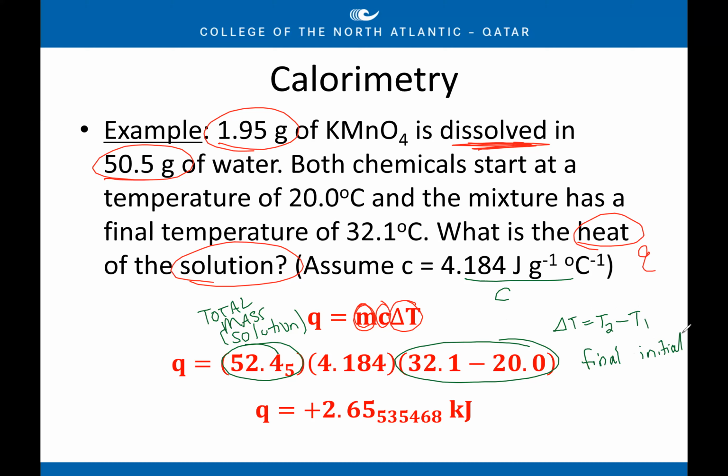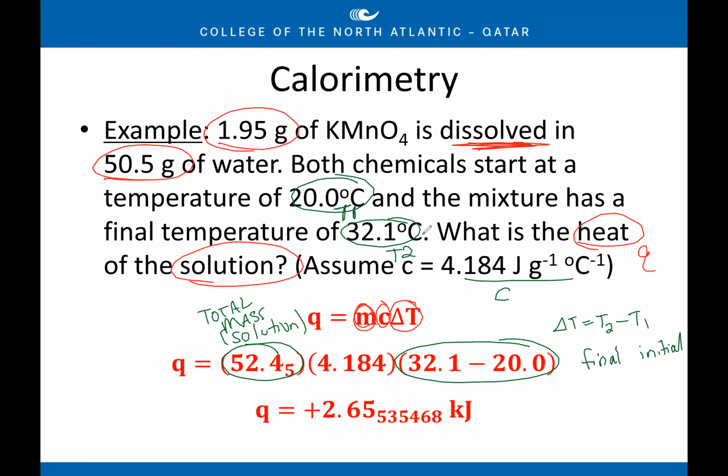Well, this is where your question comprehension needs to come into play. You need to read this carefully. Both chemicals start at a temperature of 20 degrees Celsius. Okay, so that's obviously T1. That's the initial. That's where they start. And they finish at a final temperature of 32.1.